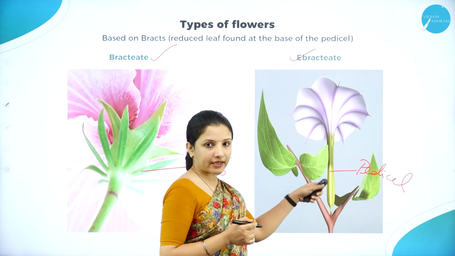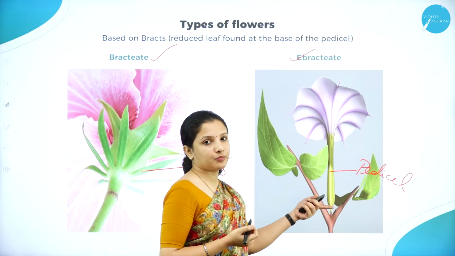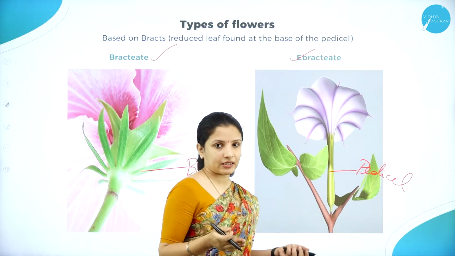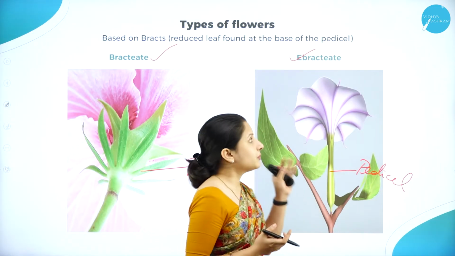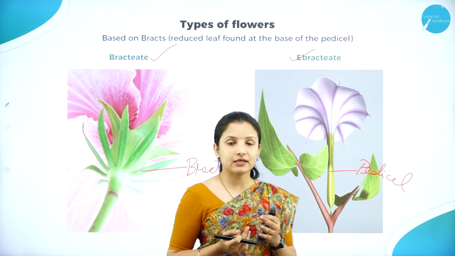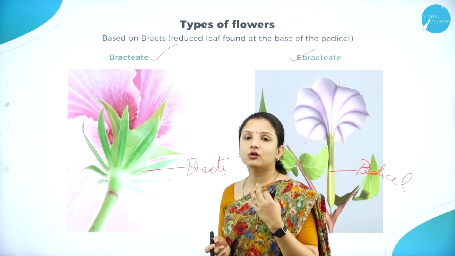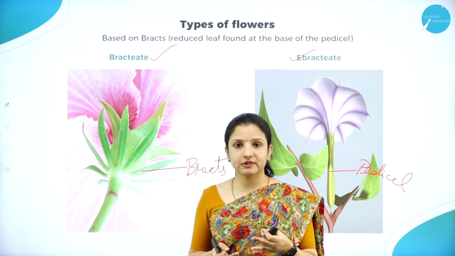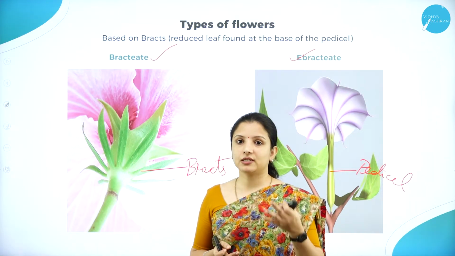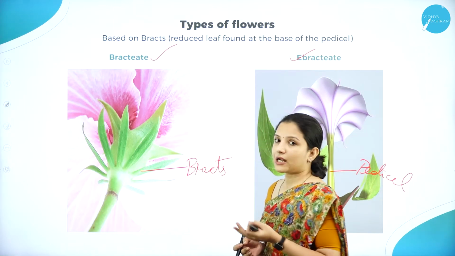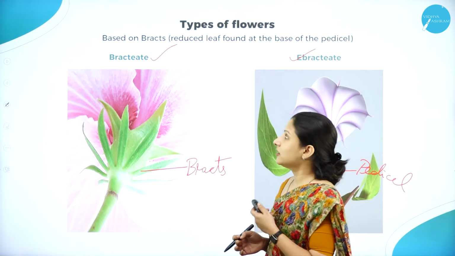Here there are no bracts present, therefore it is ebracteate. So flowers are classified based on whether the bract is present, that is bracteate, or absent, that is ebracteate. Therefore the flowers are bracteate flowers and ebracteate flowers.